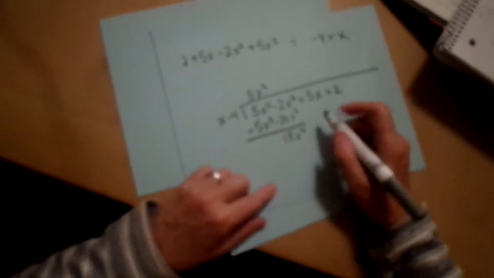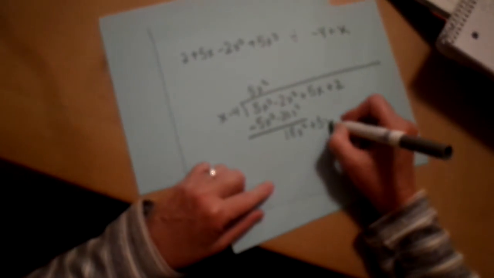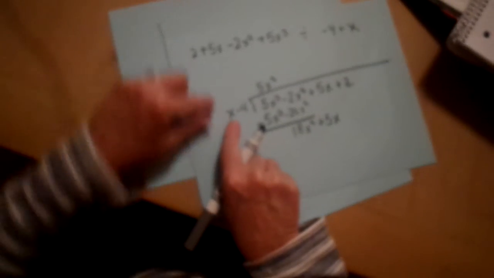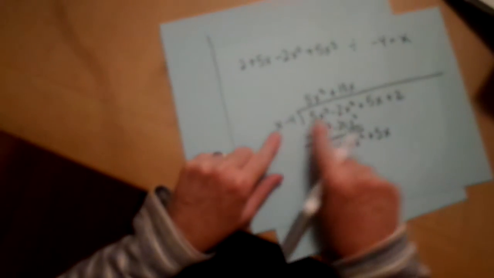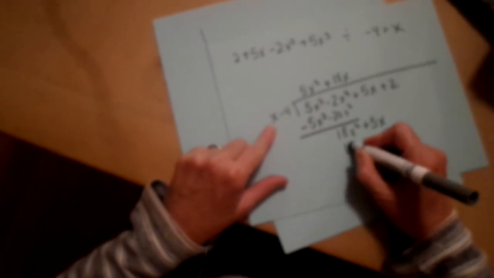You bring down the next term, which is plus 5x. Now you want to look at this x, forgetting about the negative 4 for a moment. What do you have to multiply x by to get 18x squared? You multiply it by a positive 18x. Now you multiply, and you get the 18x squared.